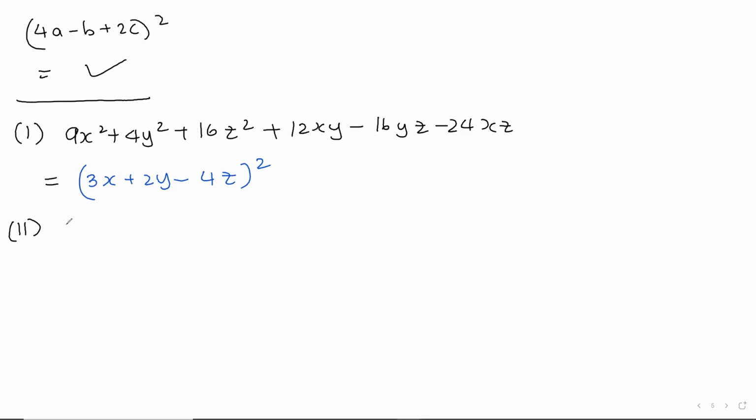So just tell me the answer of the next one. Ma'am, minus 5x plus 4y plus 2z whole square. Okay. Very good. Next. 4x minus 2y plus 3z whole square. Okay. Very good.